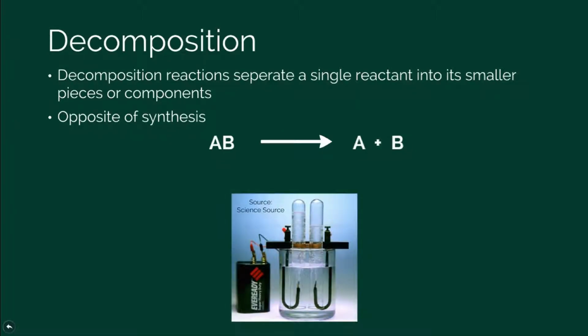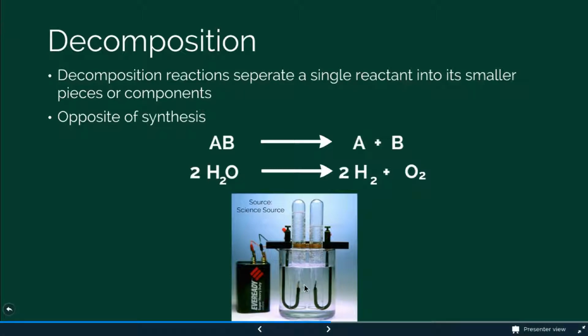One example that we can use of this is the hydrolysis of water. It's actually a very simple experiment to do, that only takes a battery and some wires and a beaker full of water. What's actually happening here is that the energy from the battery is splitting the water molecules that are in contact with this wire right here.